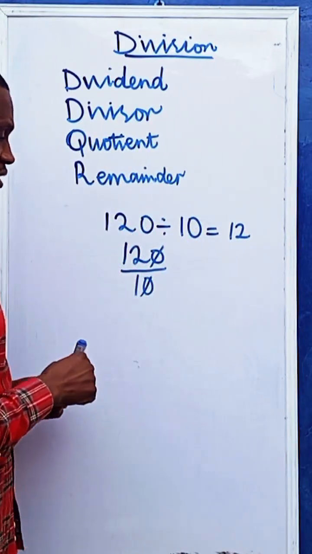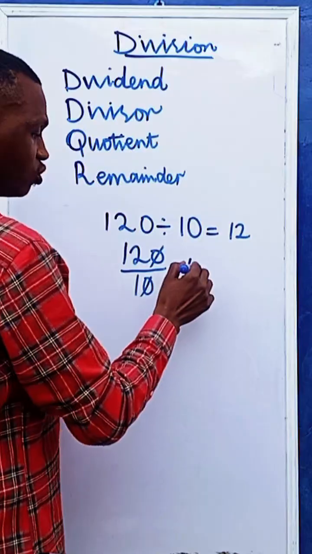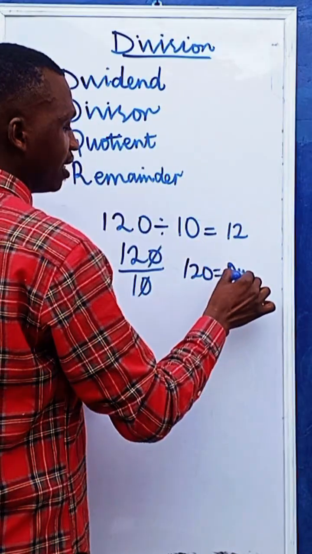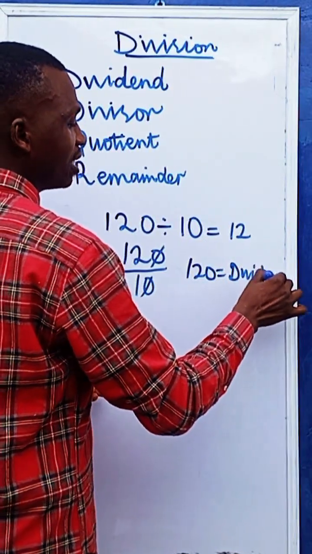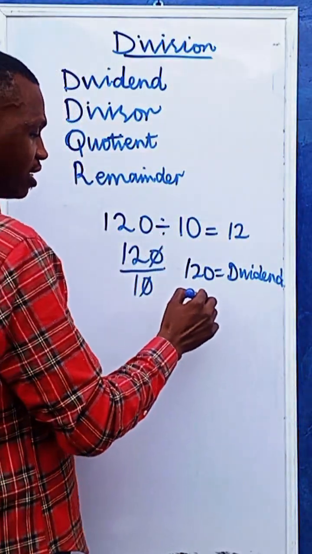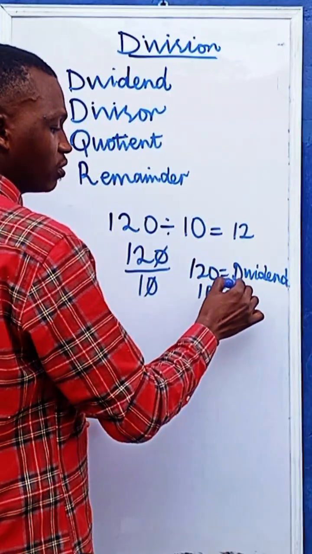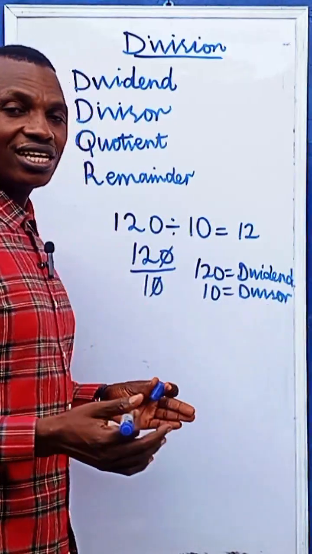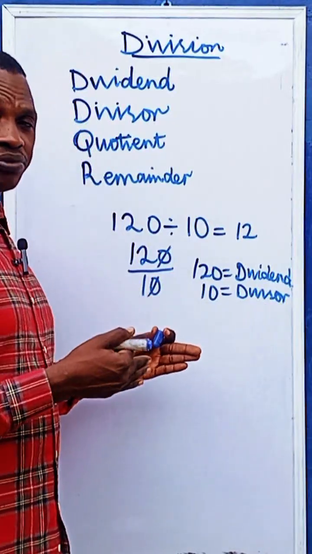So in this regard, we'll look at 120. It's our dividend. It is a bigger number that is being shared. Then we'll look at 10. 10 is the divisor. That is the smaller number that is being used to divide the dividend.